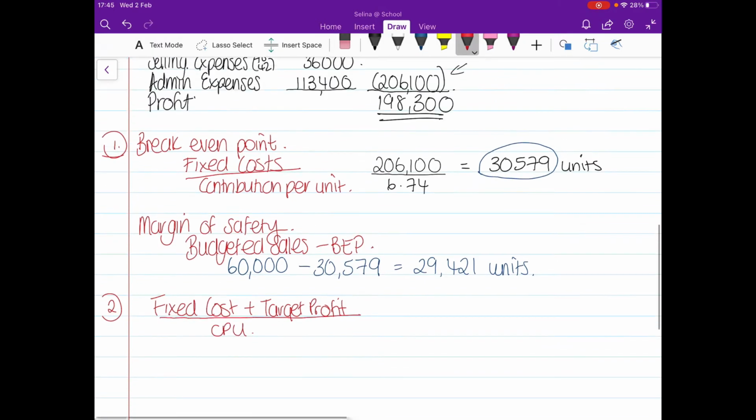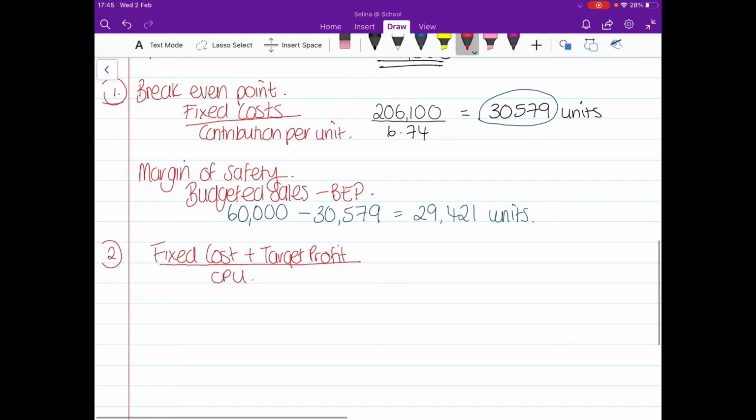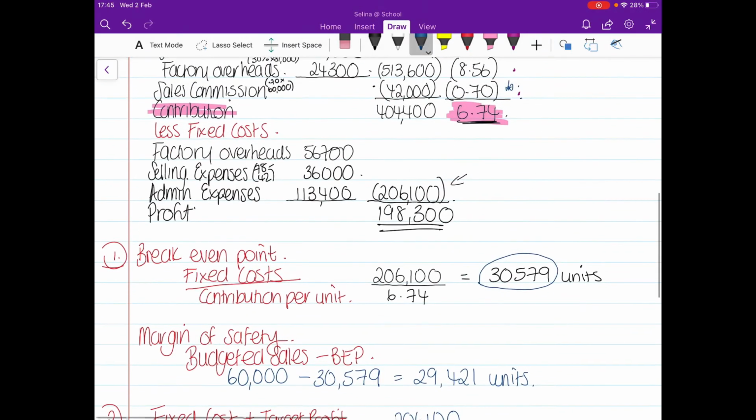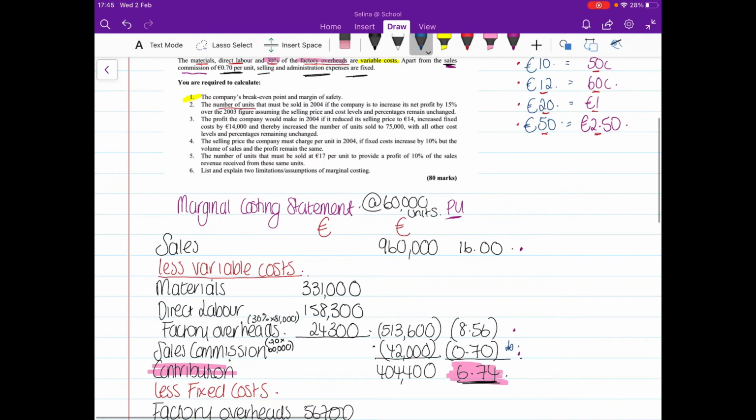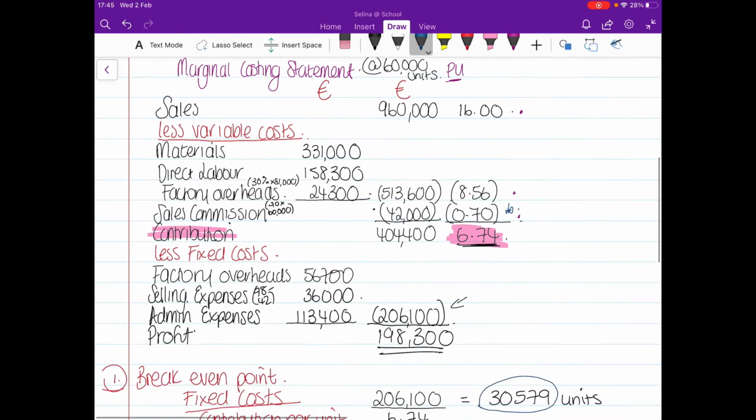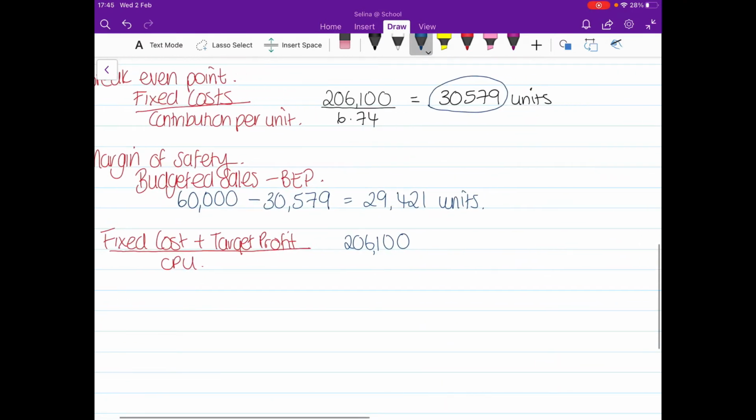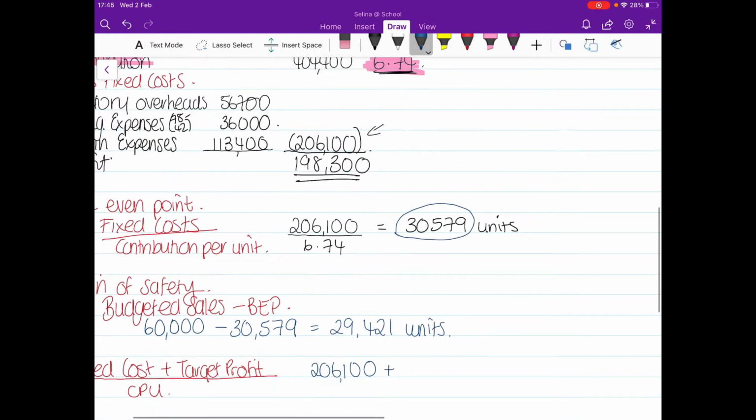So our fixed cost is €206,100. Plus our target profit is increasing by 15%. Okay, so it's increasing from last year's figure.